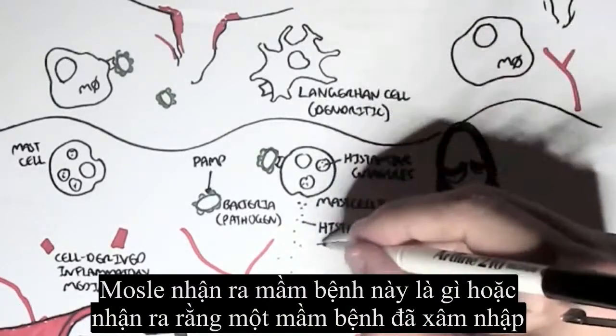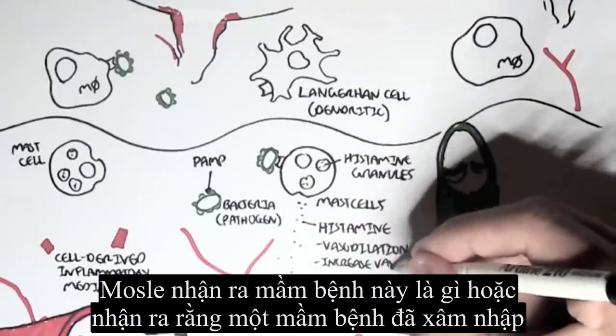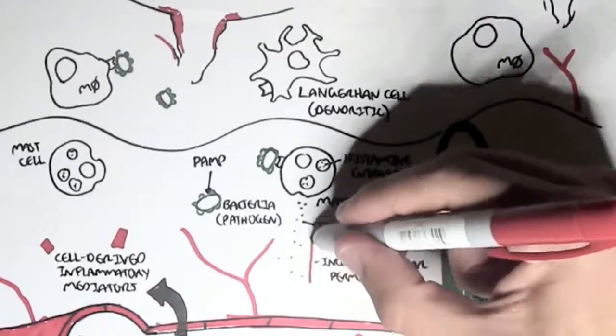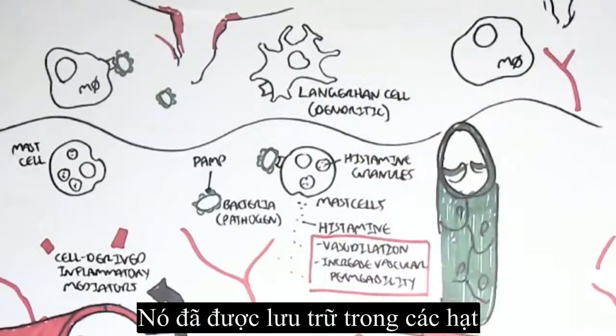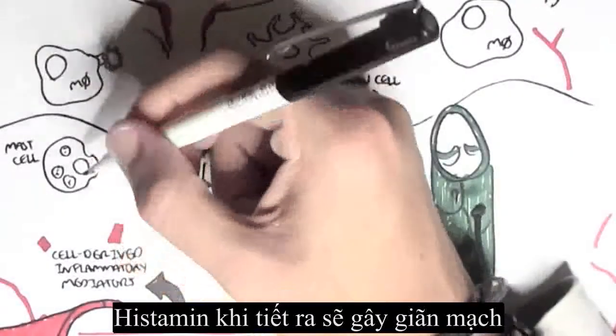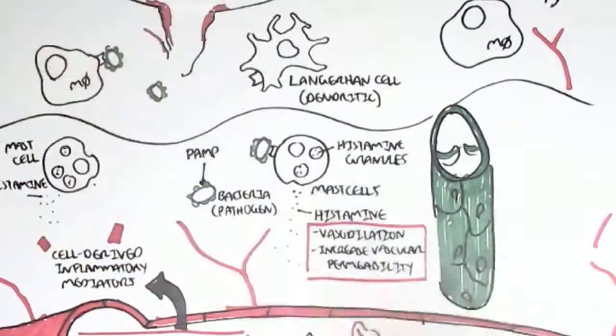Once the mast cell recognizes that a pathogen has infiltrated the body, it will secrete the histamine it has stored in the granules. Histamine, when secreted, will cause vasodilation and increase vascular permeability.